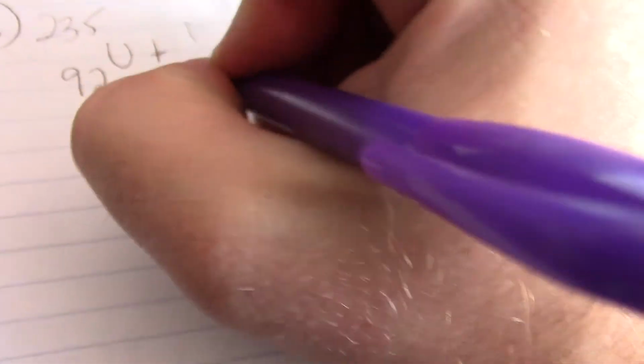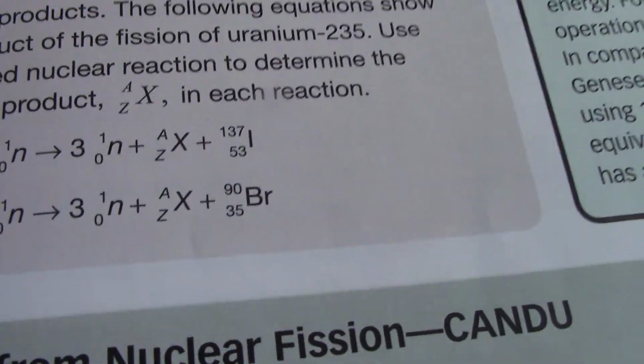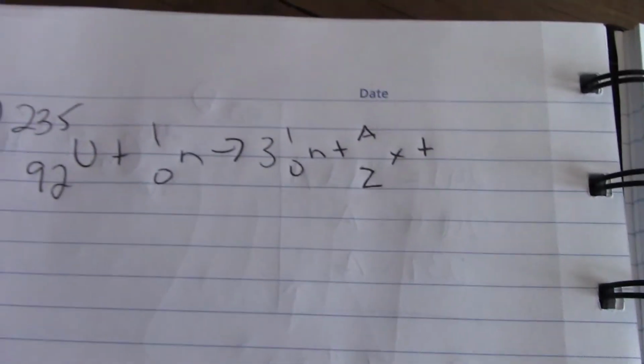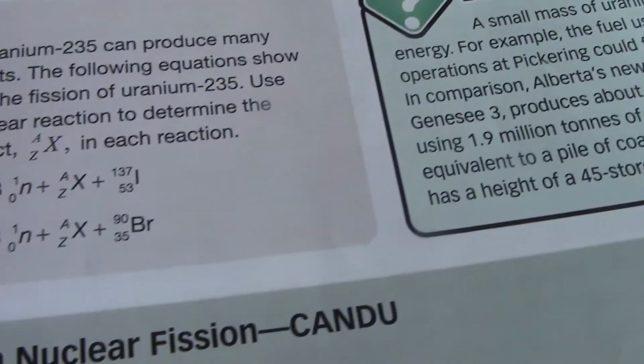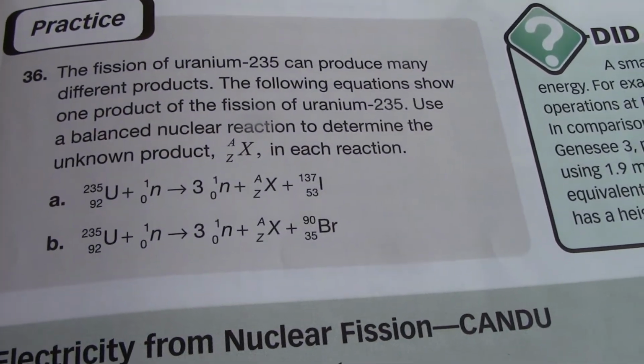So this is uranium-235, a neutron, and we get 3 neutrons plus unknown element X, and then we get a bromine-90 isotope.